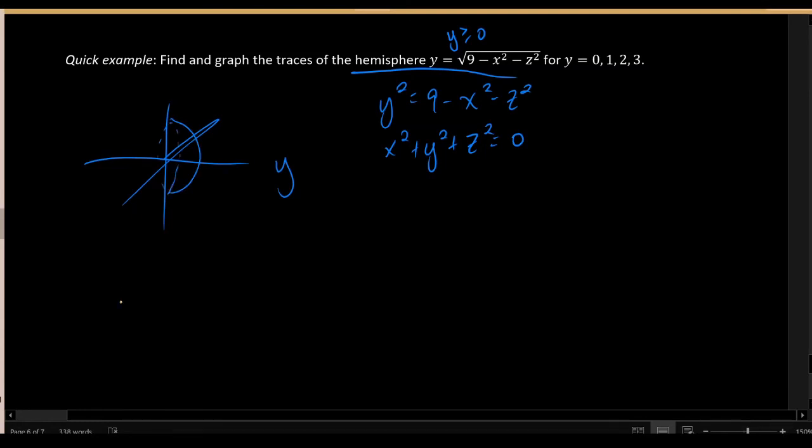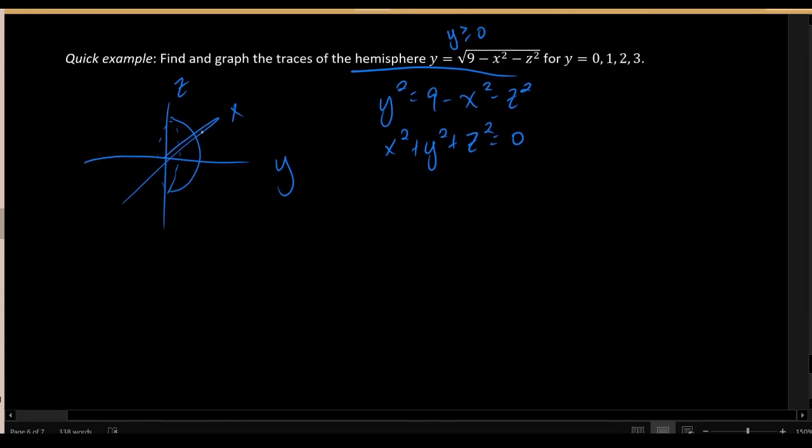In this case, if you were trying to get a read on the behavior of this graph, trying to create a two-dimensional representation of that, it might be more appropriate to use traces. To set y equal to certain fixed numbers, and look at the values of x and z that would be necessary to make that equation true.